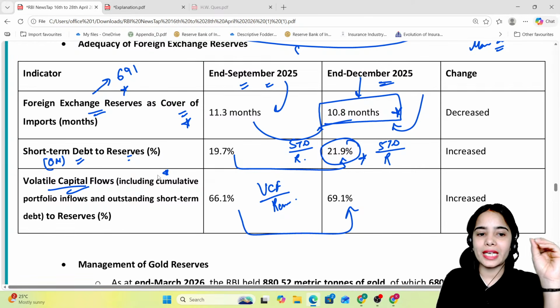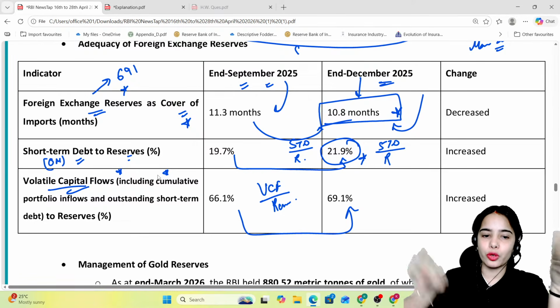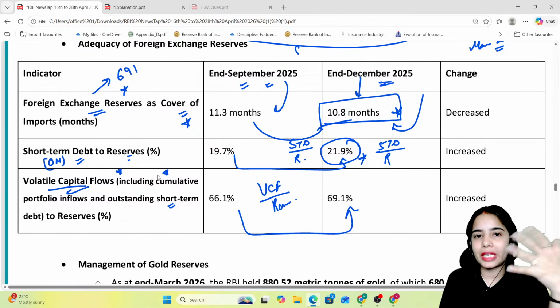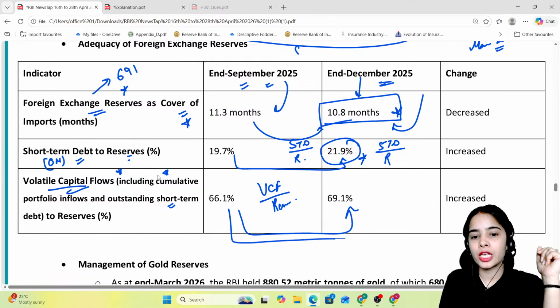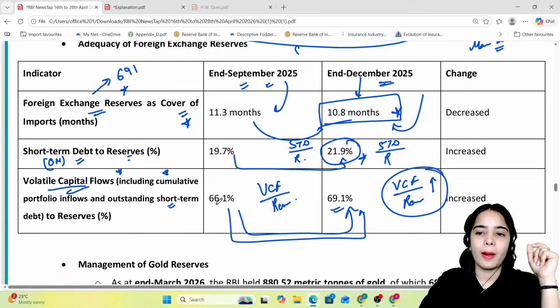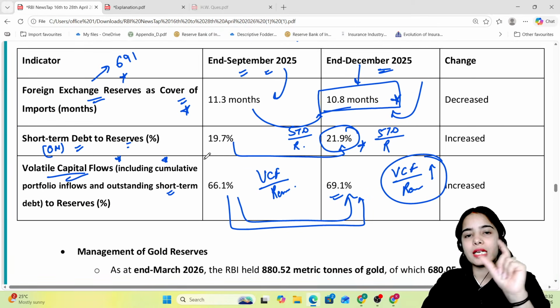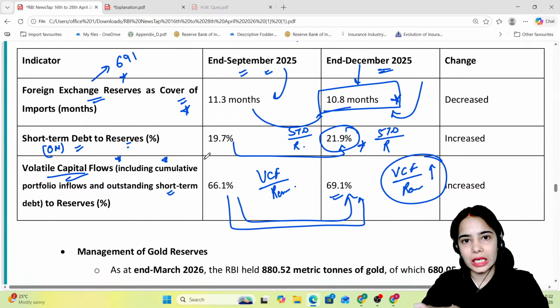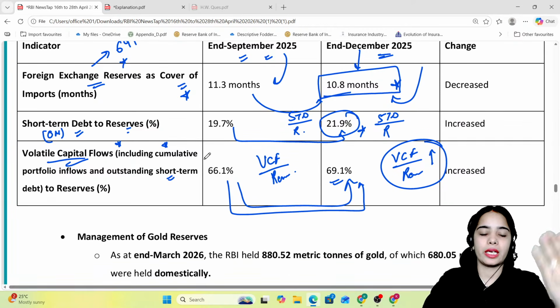So the volatile capital flows include the inflow of portfolio investment and short-term debt, which has to be returned in a short period of time. Volatile capital flows as a percentage of reserves have increased to 69.1%. This is the idea. So the foreign exchange reserves as a cover of imports have decreased, the short-term debt to reserves has increased, and volatile capital flows as a percentage of reserves have also increased.